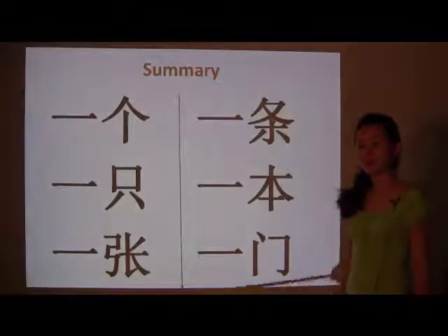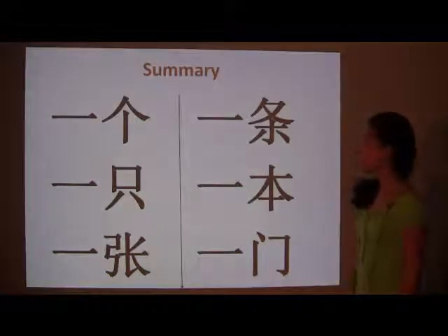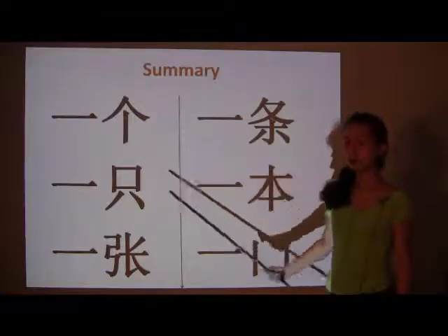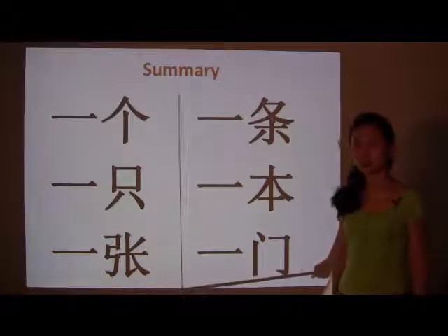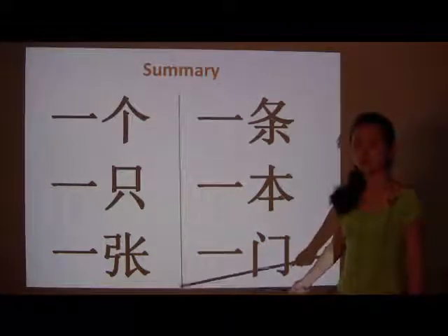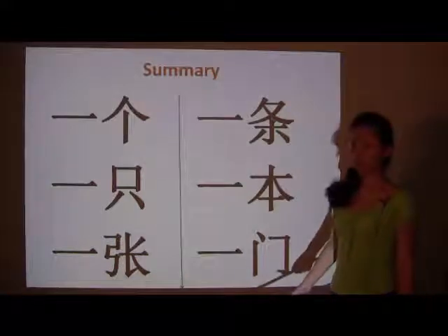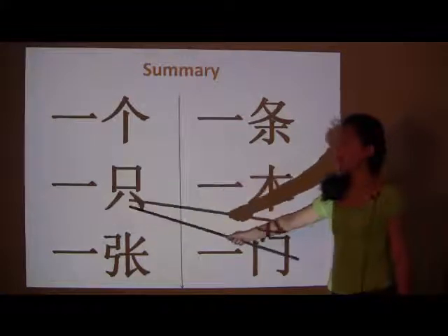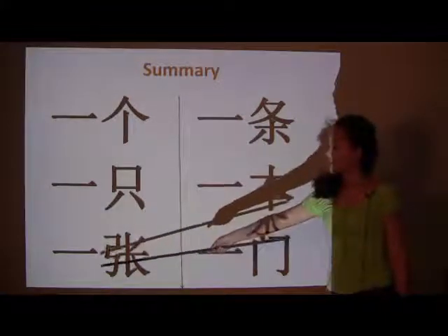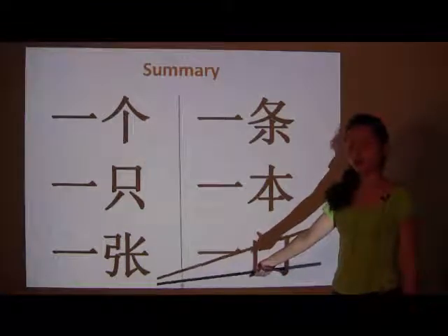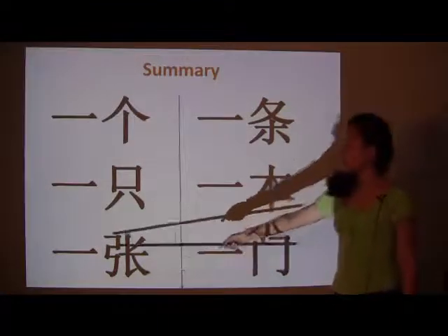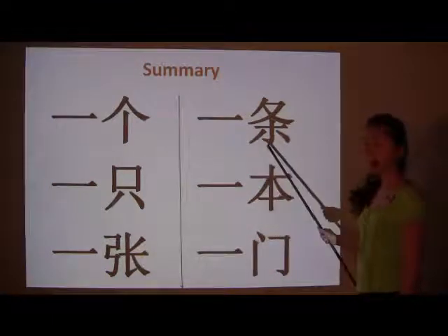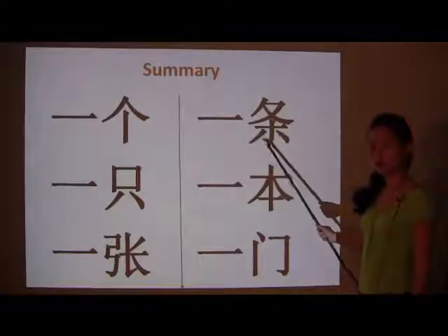And a summary of the articles that we have learned so far. 一个 for general terms. You can use it no matter what you're talking about. It's just not as proper as the specific ones we went over as well. For animals, you say 一只. 一张 for card, paper, furniture. 一条 for rivers and roads.